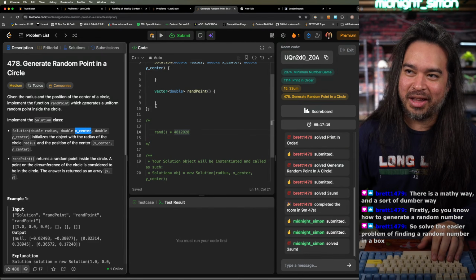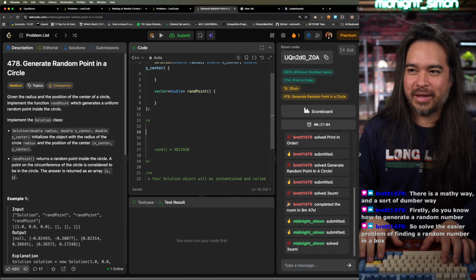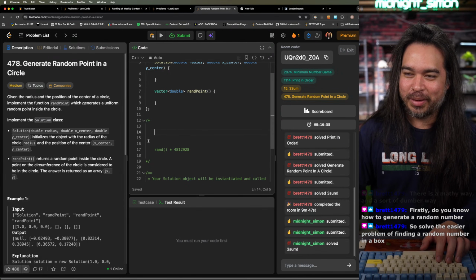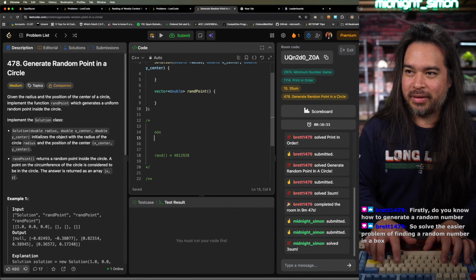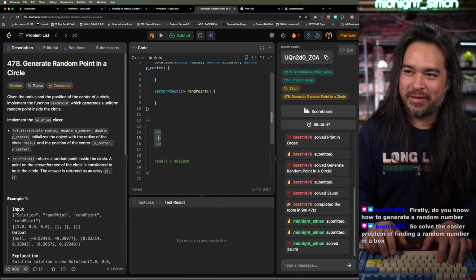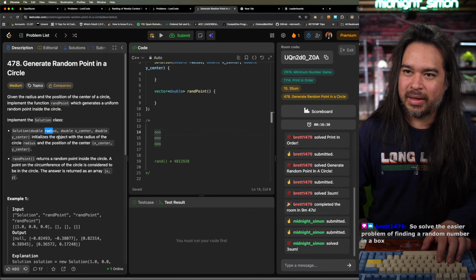All right, around this time, I would bring out my Epic pen to draw, but I don't know if that thing works on Mac. So I don't know how to draw it without that. But all right, let's say we have this circle and this is the center, and maybe I want a random point between the radius on the x-axis and then a random point between the radius on the y center or whatever.